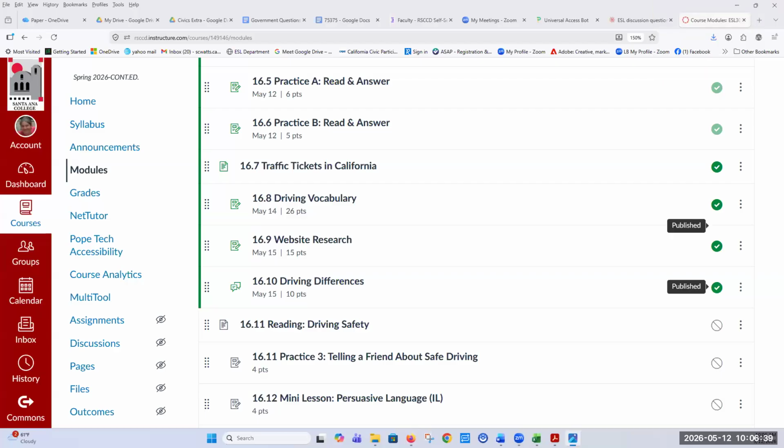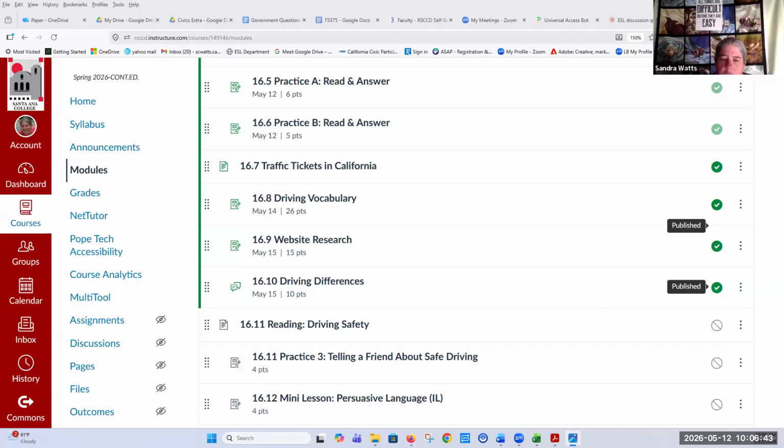Teacher, I received a message from Canvas for students. Okay, so you have to use Microsoft with your student email. You cannot use your personal email.